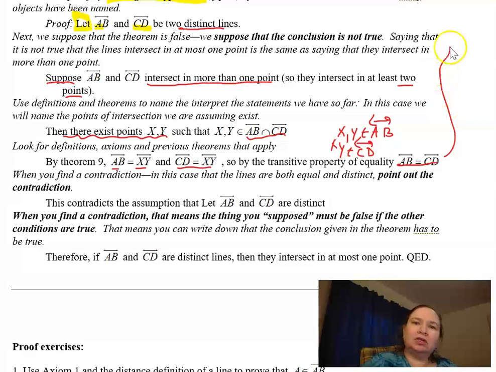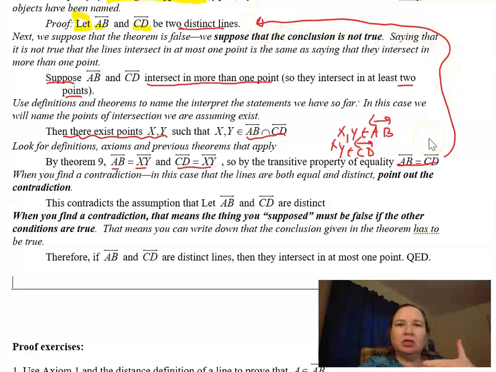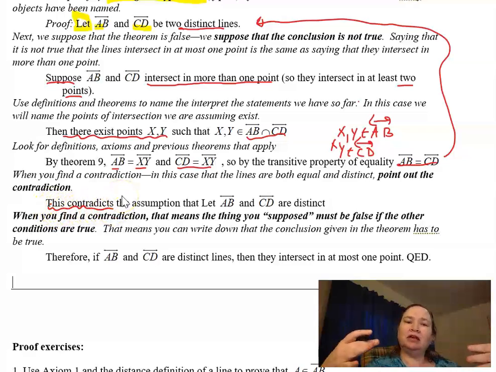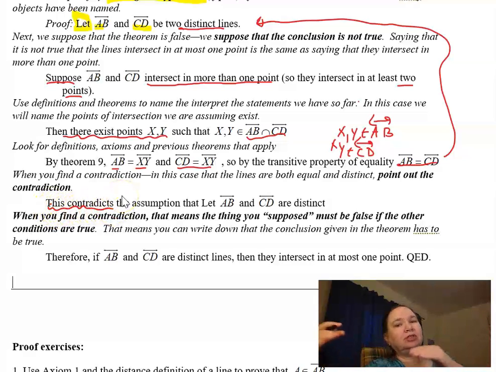It is contradicting the part of the hypothesis that said those lines were not equal. So that's a contradiction, and part of a proof by contradiction is that you have to state that it's a contradiction. This contradicts the assumption that the lines are distinct.